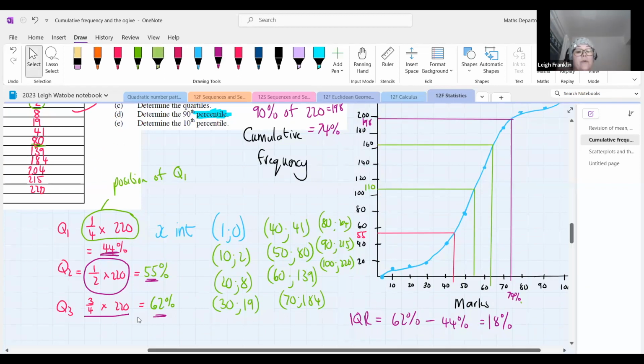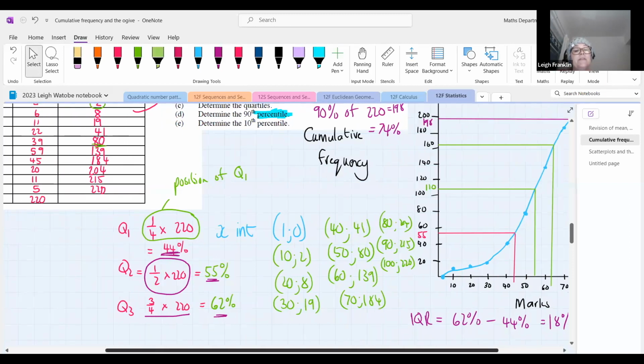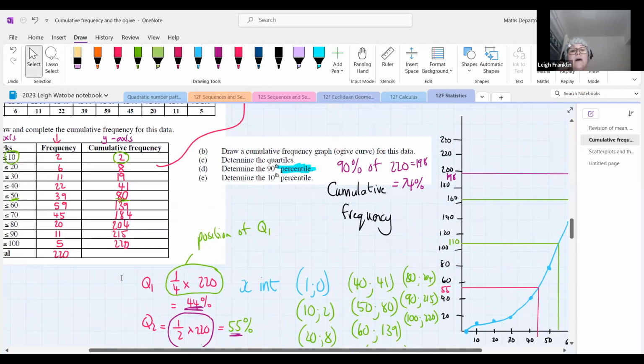That means only 10% of the people that did this exam got over 74%. That's what it means. So if you're sitting at the 90th percentile, only 10% of people would have got 74% or more for the exam.